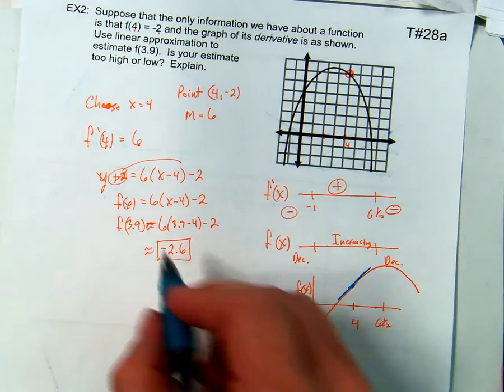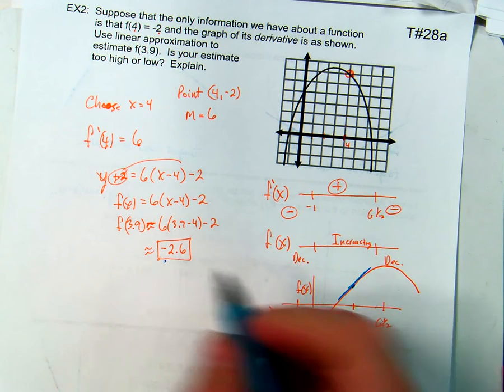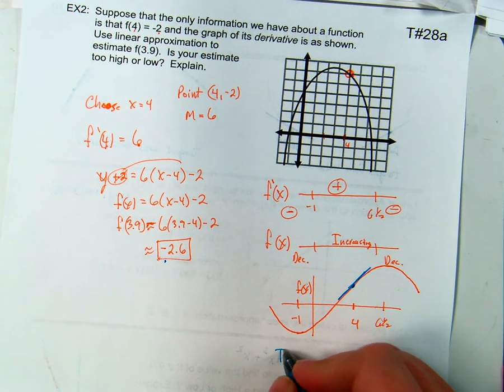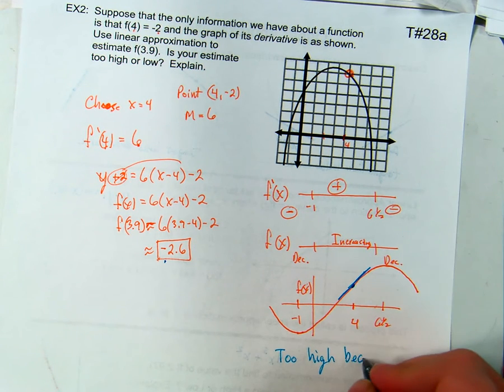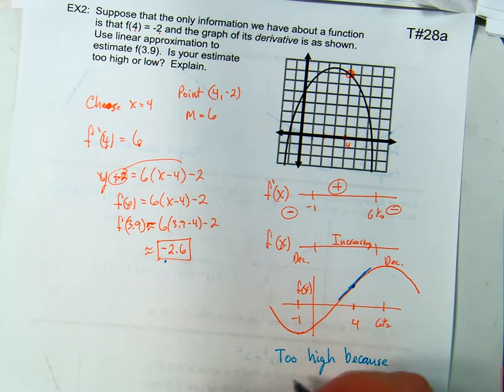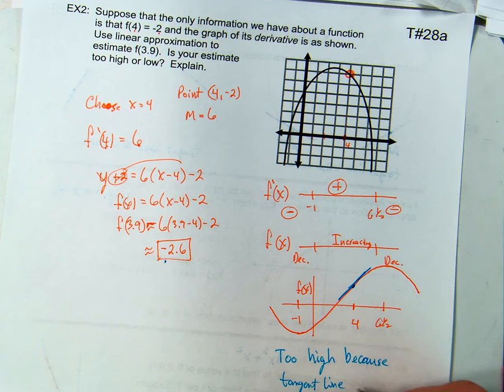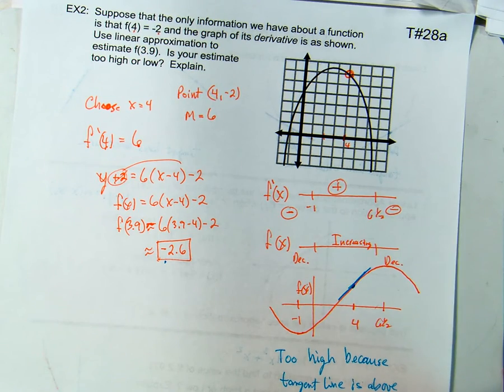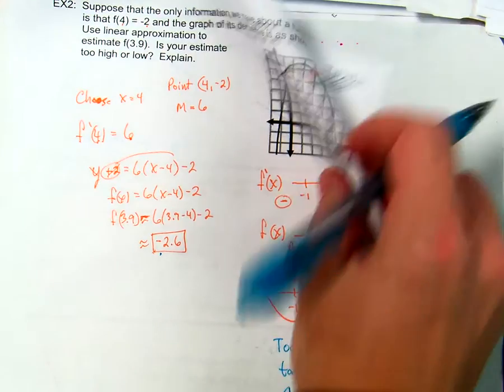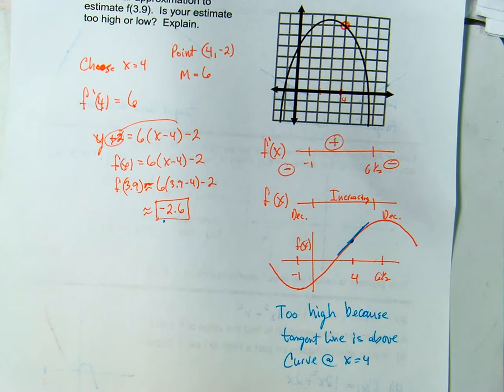So my approximation is going to be too high, because the tangent line is above the curve at x equals 4. Okay, let's move that up where you can see that. It's going to be too high because the tangent line is above the curve at x equals 4.